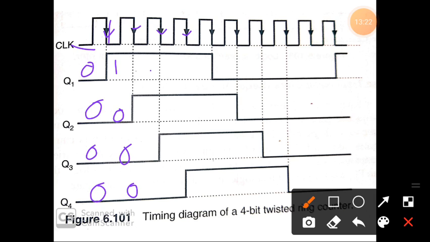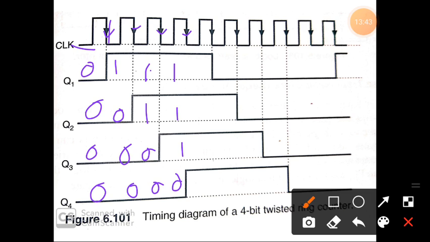Then during the next clock pulse Q1 will be 1, Q2 will be 1, then the remaining are all 0. Then on the negative edge of the next clock pulse Q1 will be 1, Q2 will be 1, and Q3 will be 1, and Q4 will be 0.